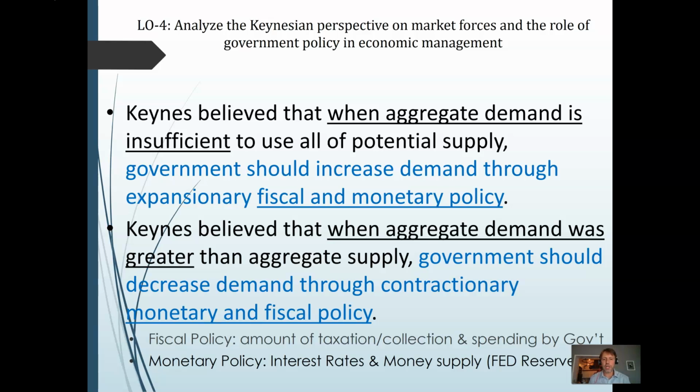And that's all fiscal policy. Monetary policy has to do with interest rates and the supply of money in the system, and generally falls into the hands of the Federal Reserve, not the president and Congress, as we would think of with taxation and budgetary spending.